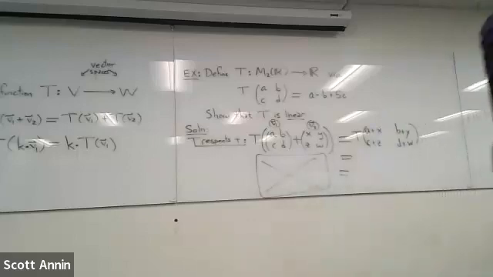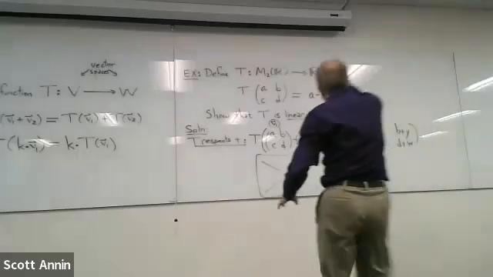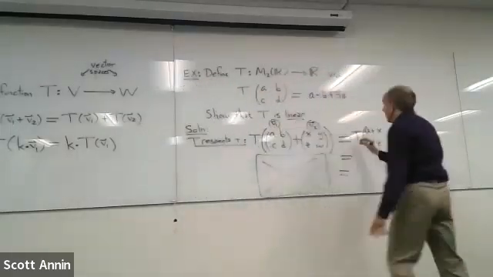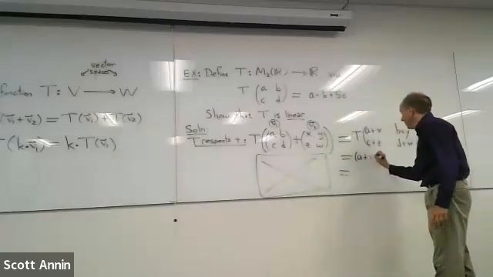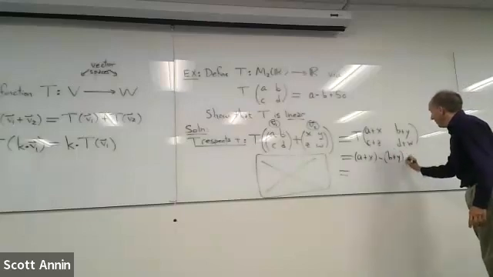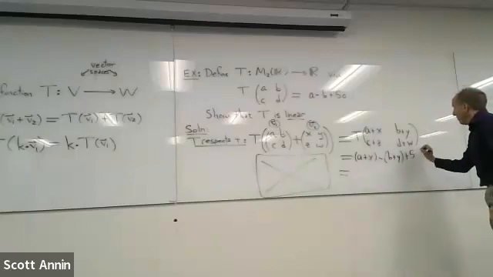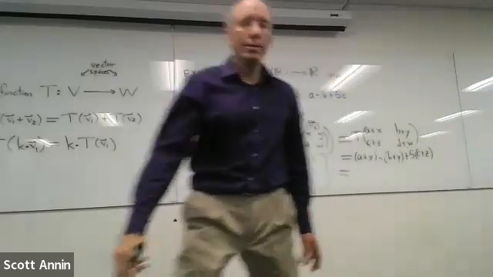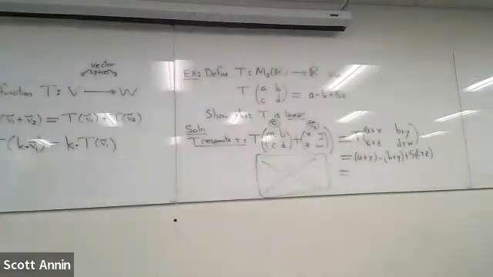Whatever the entries are, I take upper left minus upper right plus 5 times lower left. Let's do that. Upper left is A plus X, minus upper right, which is B plus Y, plus 5 times lower left, which is C plus Z. So we just literally follow the steps that way.